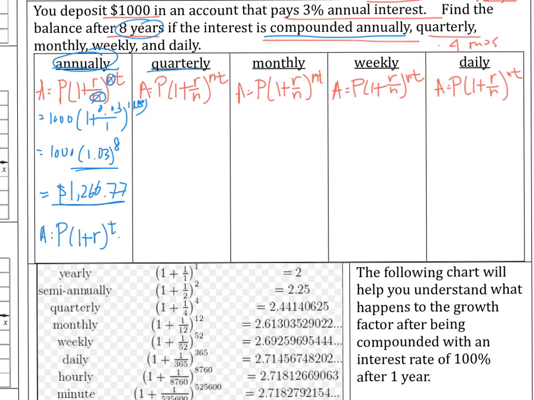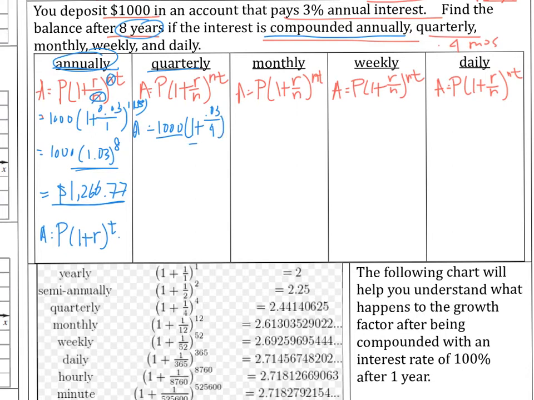When something is compounded quarterly, let's say $1,000, 1 plus the rate of 3%, 0.03, I need to divide that by 4, because within that year, in every 4 months, the balance of $1,000 will be compounded, and you'll definitely earn more money.